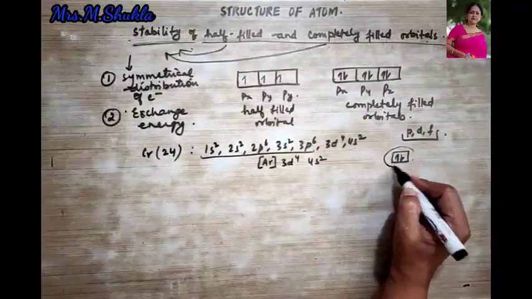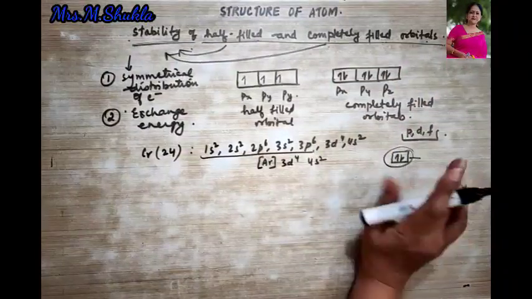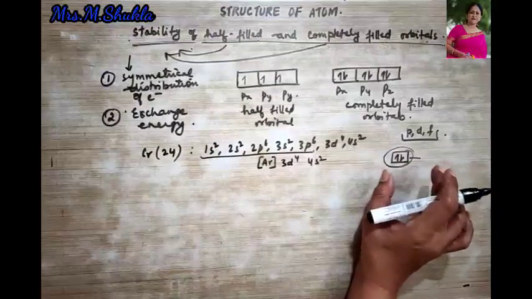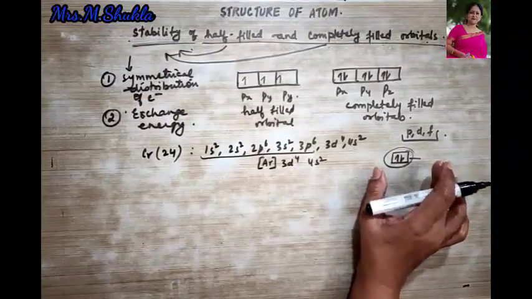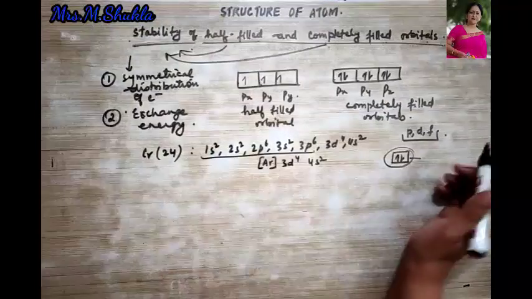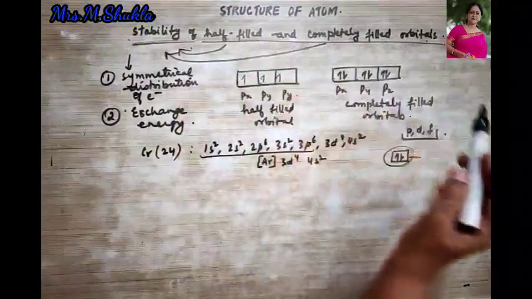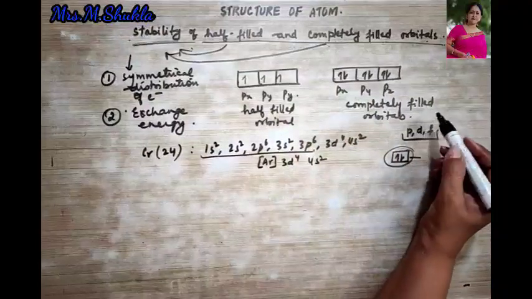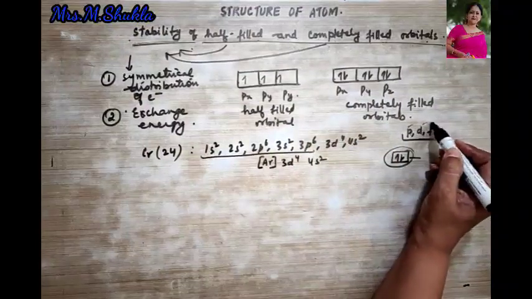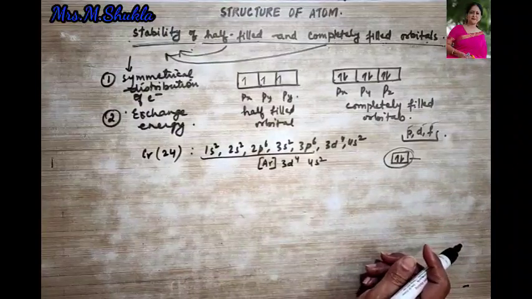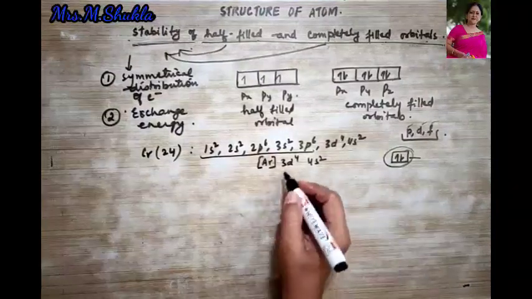So in both cases, the s orbital has no issue. It is always going to show stability. What is more important is the stability of half filled and completely filled p, d and f orbitals.